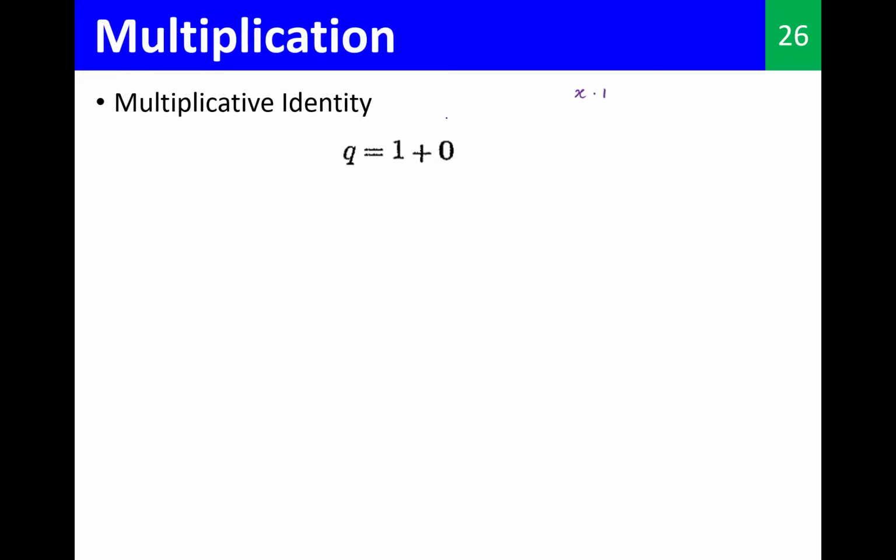So similarly, when it comes to quaternions, the multiplicative identity is 1 plus 0. So the vector part is 0 in this case, right? So if I take this and multiply with another quaternion, you know the answer would be again same, right? This is the multiplicative identity. It's just the scalar one.